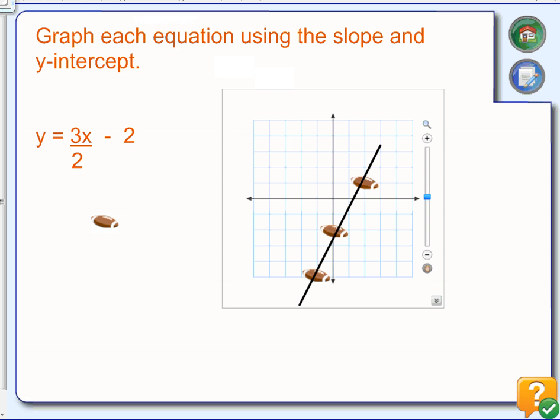All right. The last example we're going to do is a little bit different in the fact that we have a negative slope right now. Okay, so we have a positive y-intercept, excuse me, so we're going to go up to 1, 2, 3. And then from here, this is the part that gets a lot of kids stuck.